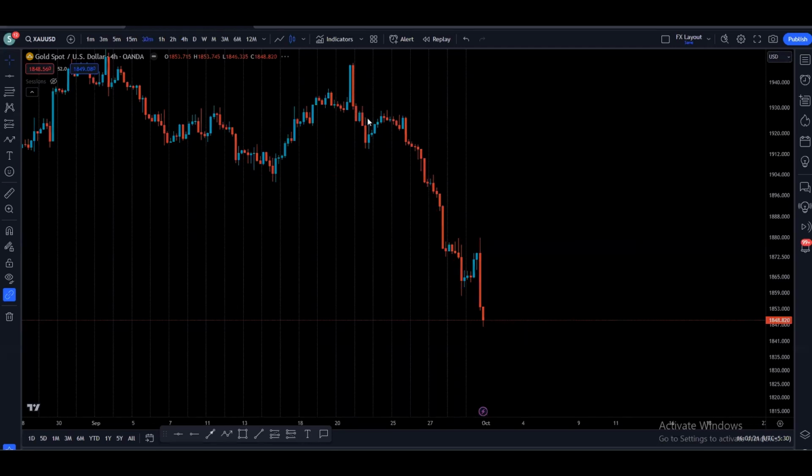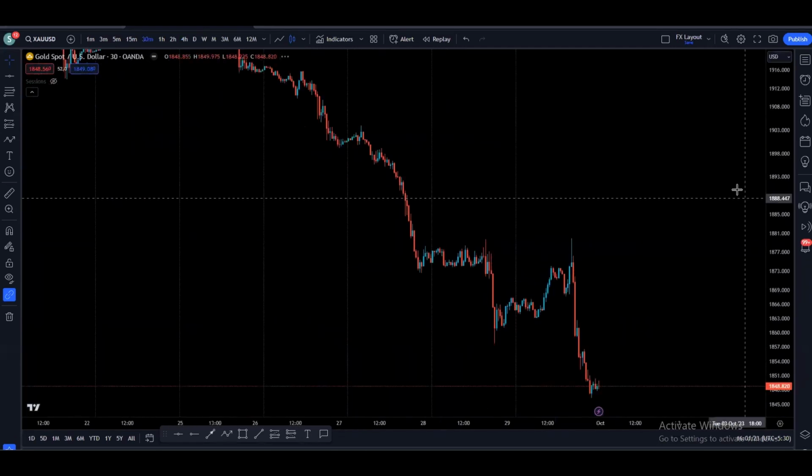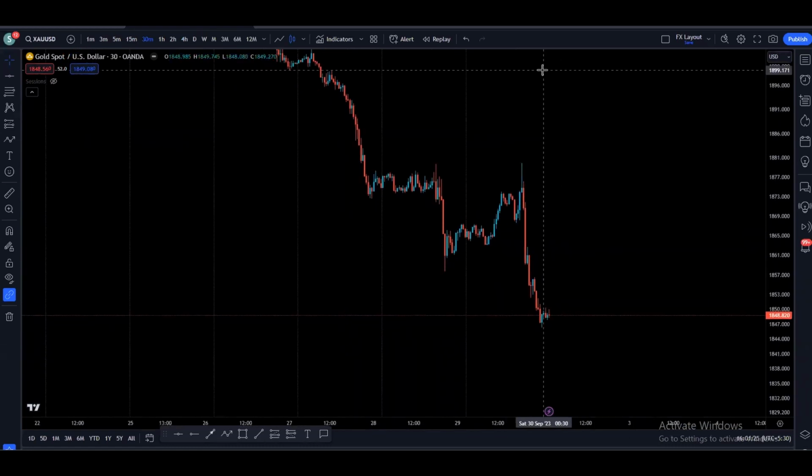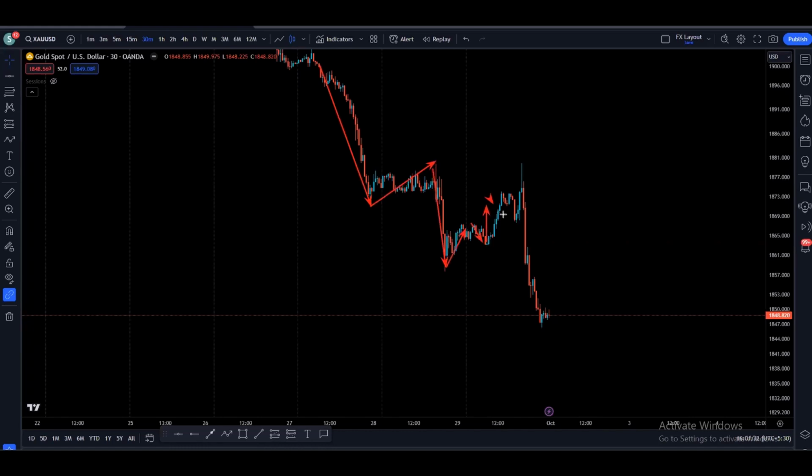Now let's see what we can see on the 30-minute time frame. The 30-minute time frame is also pretty bearish because we are making lower lows and lower highs. So we created a low, lower high, lower low, and the price just trickled up to the upside but stayed below the previous resistance, and basically we created a lower high, and then broke the previous support, previous low, created this new low.